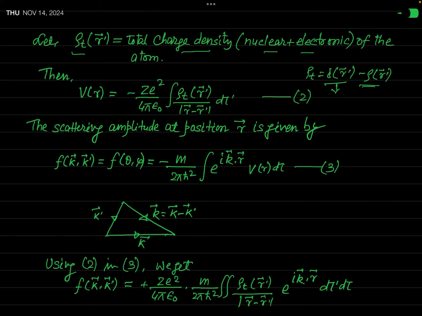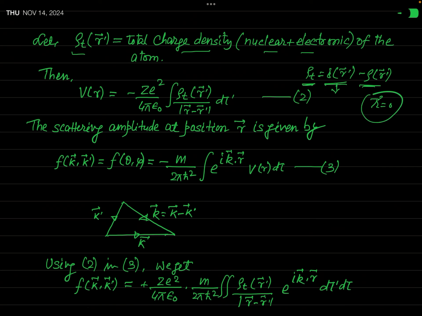So we will see later on that this total charge density, due to the nuclear and electronic charge, is given by delta R dashed minus rho of R dashed. Here delta R dashed is the Dirac delta function centered at R equal to 0.